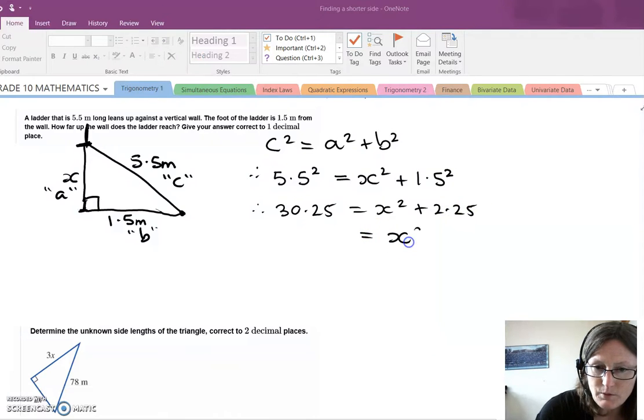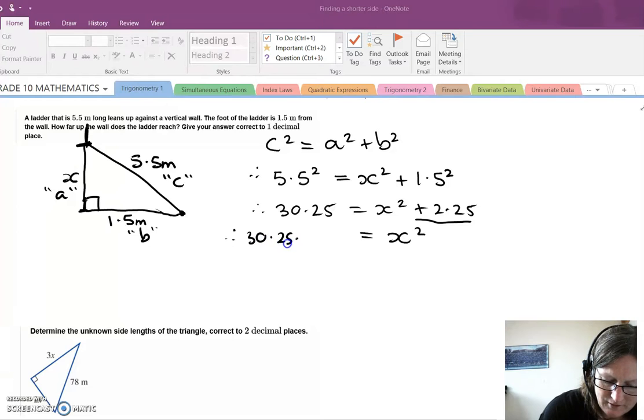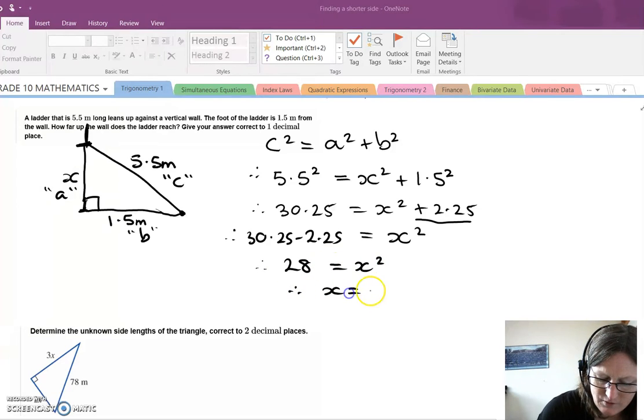We want just x squared on this side, so here it's plus 2.25, so we're going to take 2.25 from the other side. That leaves us with 28 is equal to x squared. We want to know x, so x is equal to the square root of 28.